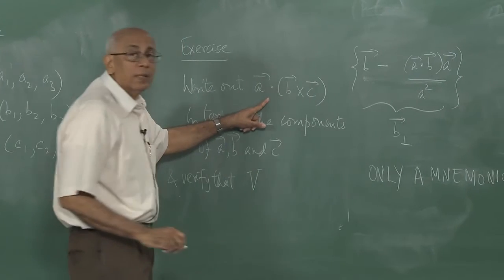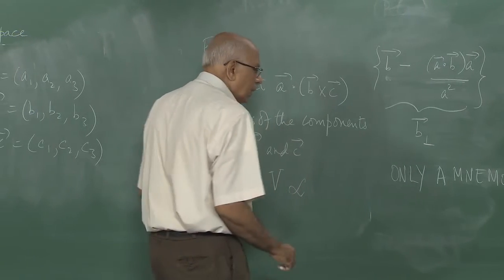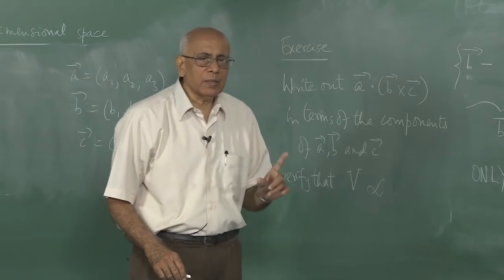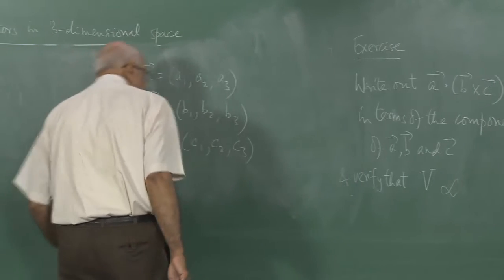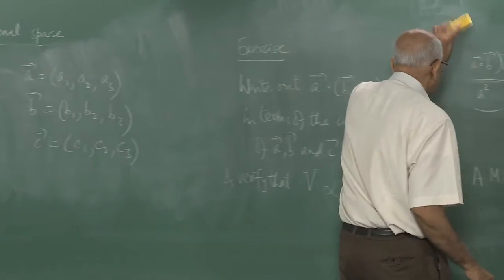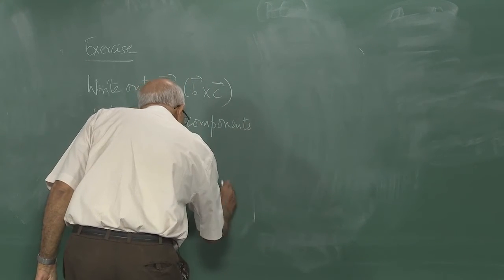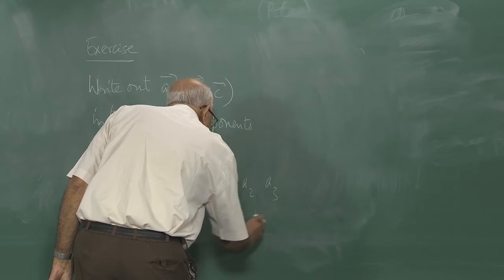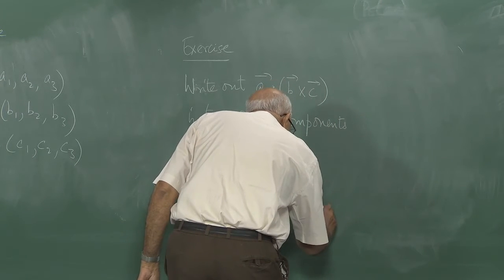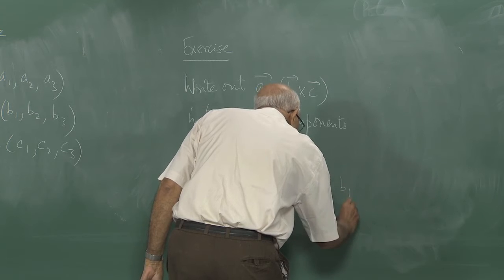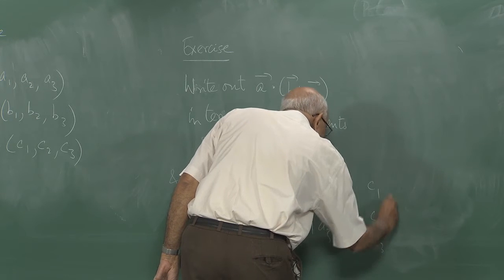That is what this quantity is in magnitude, that this volume is proportional to a certain determinant formed from the components of A, B and C. So verify that this is proportional to A1, A2, A3, B1, or let us write it properly in this fashion, it does not matter, A1, A2, A3, B1, B2, B3, C1, C2, C3.